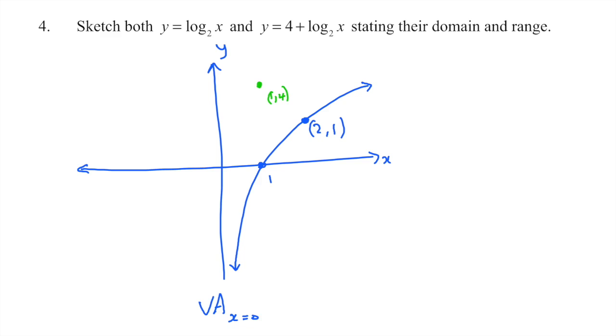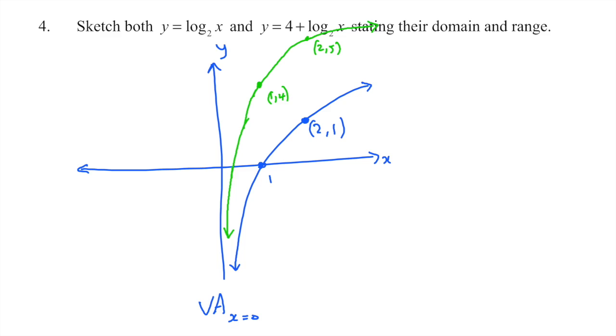This point here, across 2 up 1, will be up 4. So it'll become across 2 up 5. And my graph will go something like this. It still has the same asymptote.